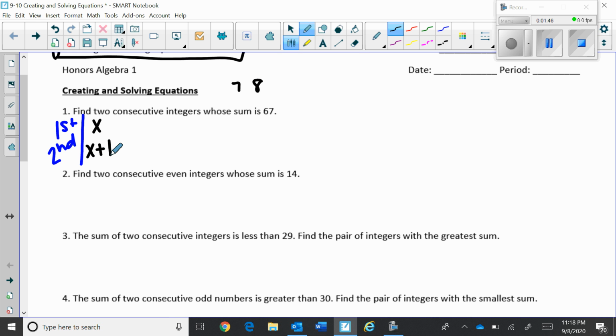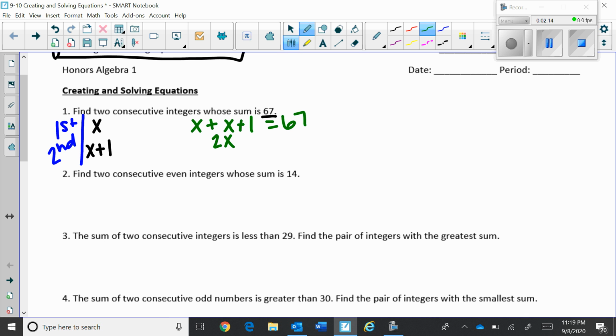All right, gets you to the next consecutive integer. All right, so those are our two integers, and we know that they are going to add together to add up to 67. So if we write out our equation, x plus x plus 1, right, adding our first and our second integers together, equals 67. All right, so now we need to solve for x.